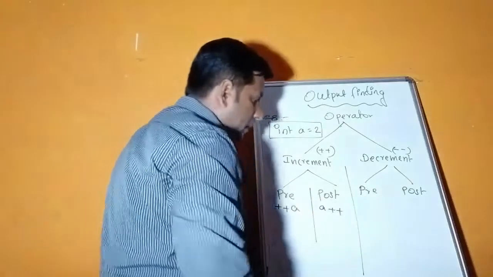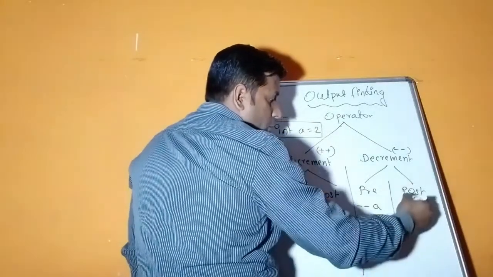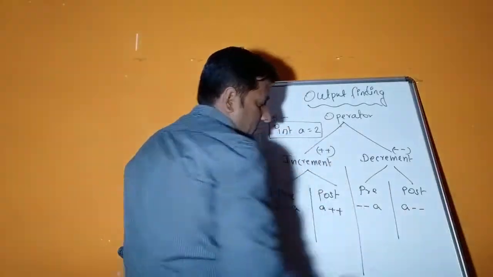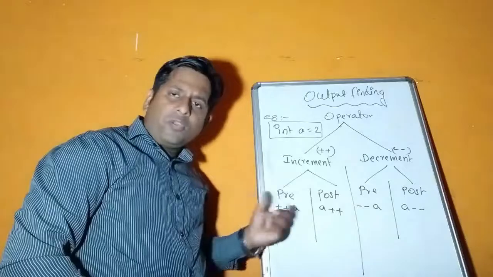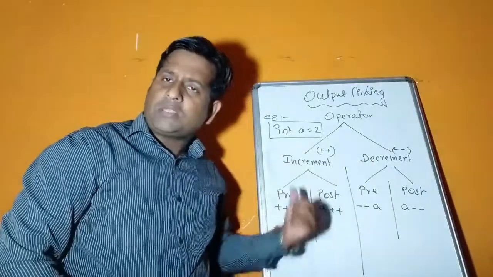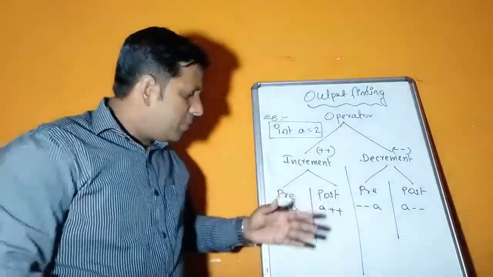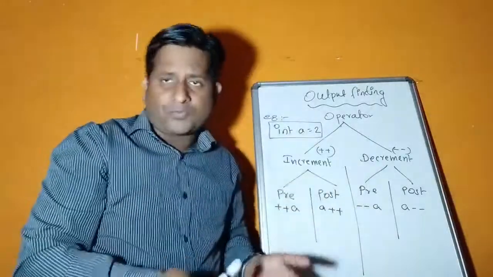In case of pre-decrement, minus minus a, and post-decrement, a minus minus. So see here how we write post-increment, post-decrement, pre-increment, pre-decrement. Pre means first, post means after.